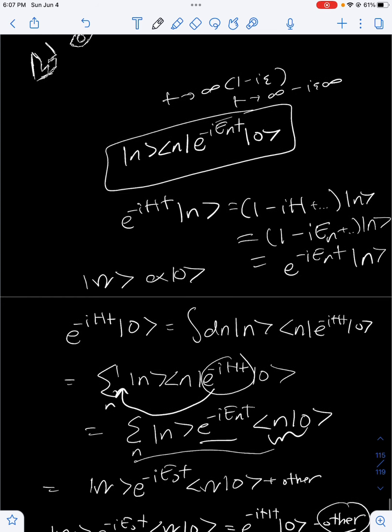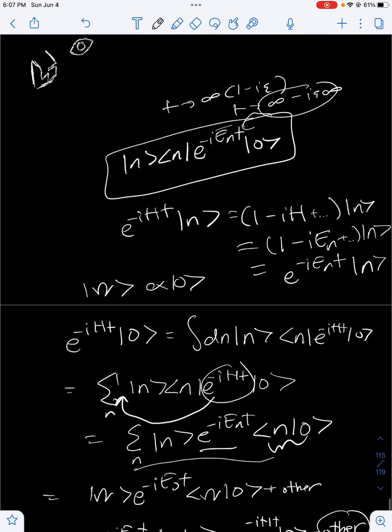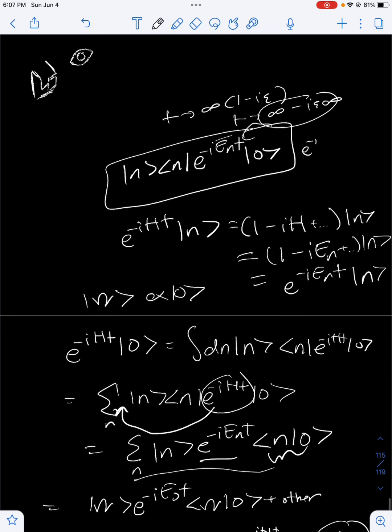And if you were to plug that in here, we'd have e to the minus iE_n times infinity times 1 minus i epsilon. If we distribute that out, what you'd end up having is e to the minus iE_n infinity, and then e to the i times i is minus 1, times 1 is 1, times 1 is minus 1, so minus epsilon infinity.